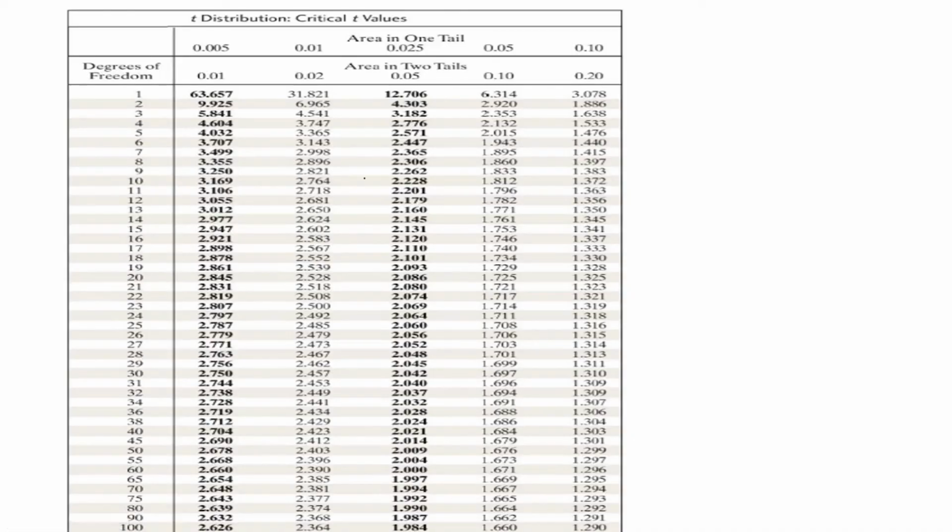The t value is 2.145. So the critical t value is 2.145.